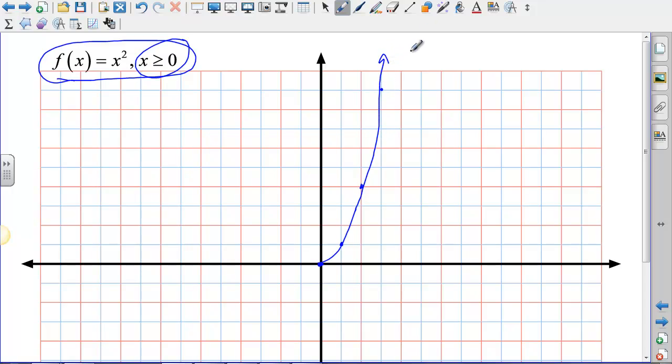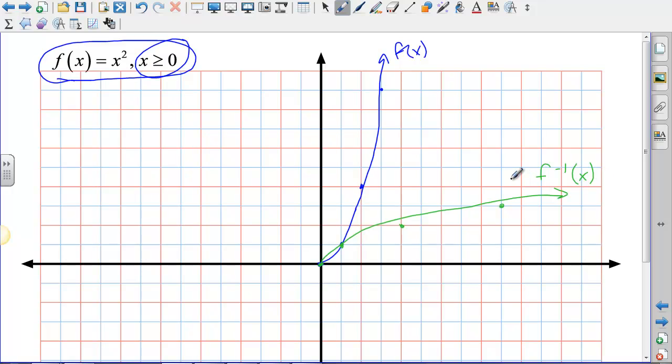And you can see now, here's f of x, and it's just the right side of a parabola. Now when I do the inverse, (0, 0) is (0, 0). The inverse of (1, 1) is (1, 1). The inverse of (2, 4) is (4, 2). And the inverse of (3, 9) is (9, 3). And you can see now that I have this as f inverse of x.